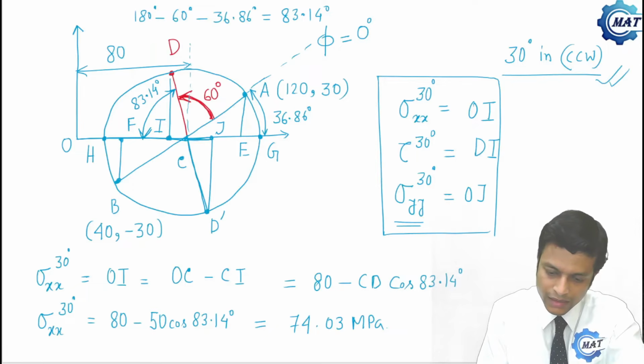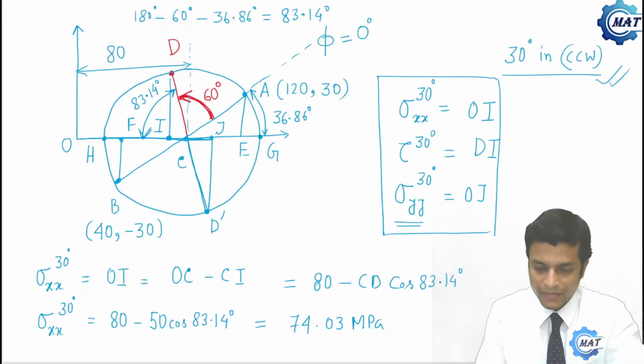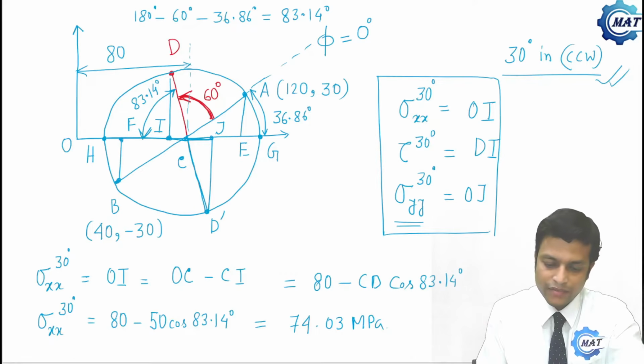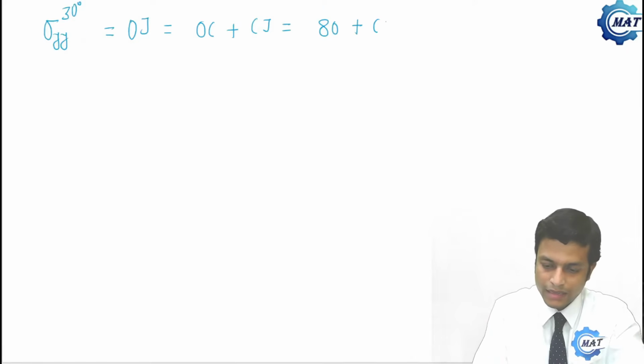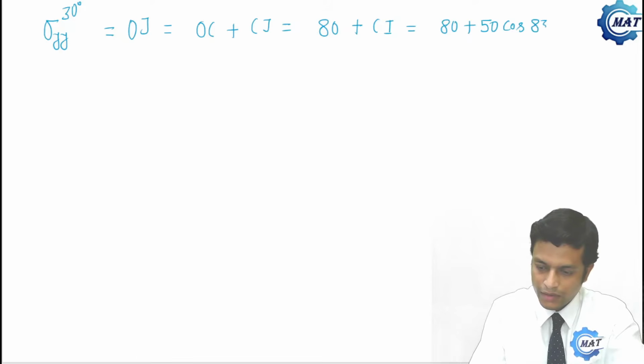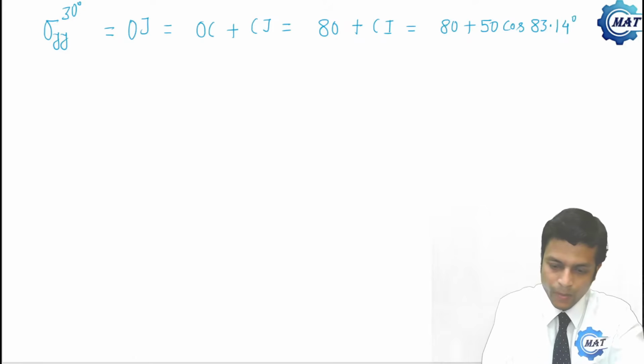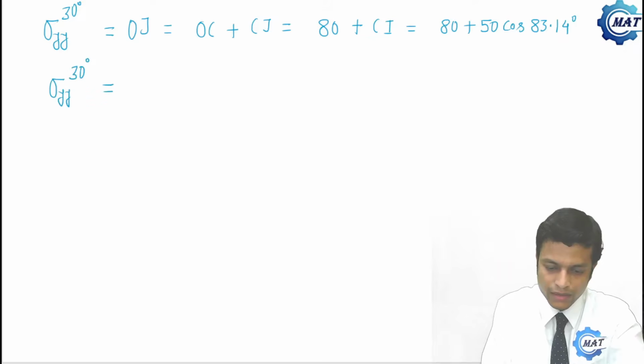Due to symmetry CI and CJ are same, so we can take the value of CI also. So plus CI, that is 80 plus 50 cos 83.14 degree. And from this you can calculate sigma YY 30 degree becomes 85.97 MPa.